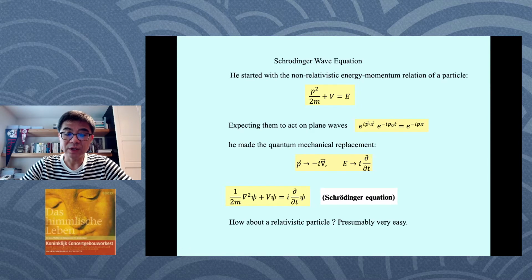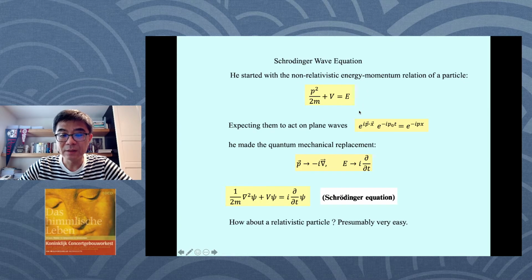But how about a relativistic particle? Actually, Schrodinger originally started from a relativistic energy momentum relation instead of this one. I will show you why that project doesn't work for Schrodinger. As I say here, you can apply all these considerations to a relativistic particle.